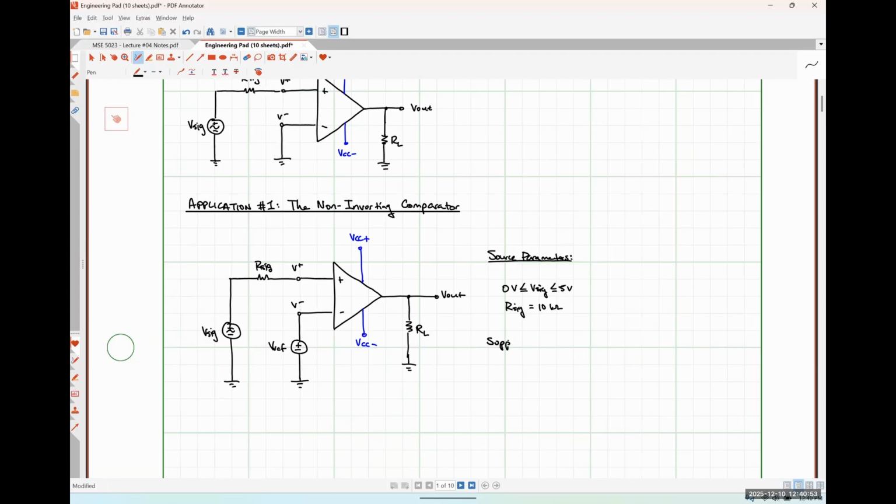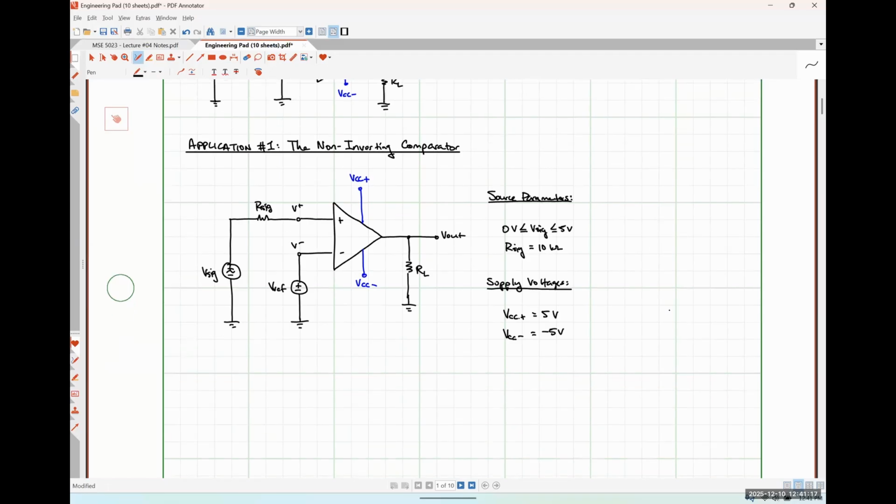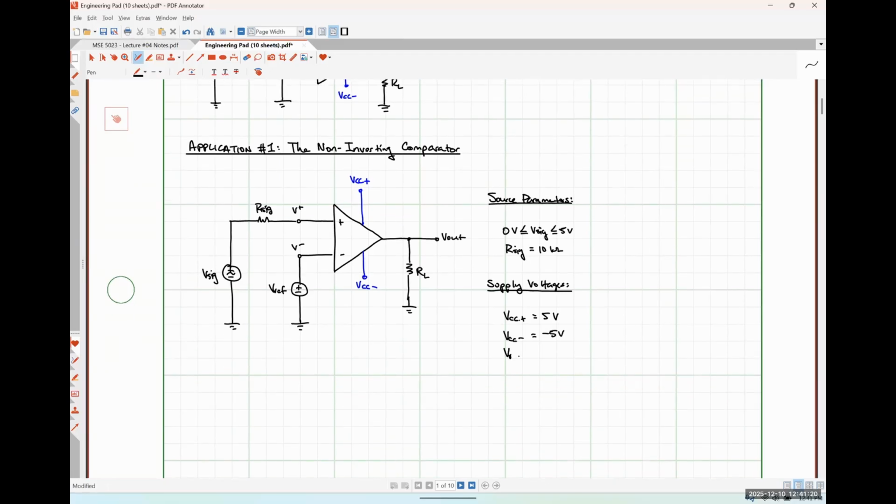Down here below, I'll put our supply voltages. So we'll have VCC plus will be equal to positive 5 volts. VCC minus will be negative 5 volts. And lastly, our reference, which would be supplied by, at least in this case, another DC power source. We'll talk about that in a little bit. We're going to have a reference voltage of 2 volts here. Our op-amp parameters.